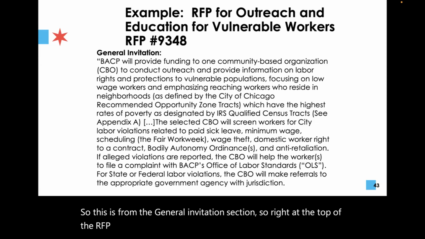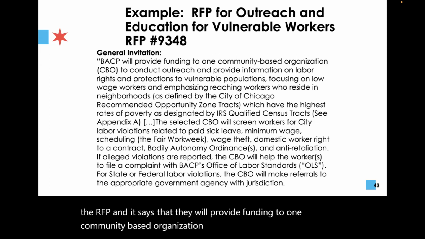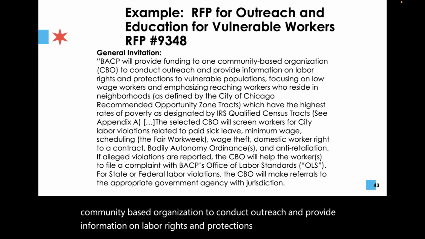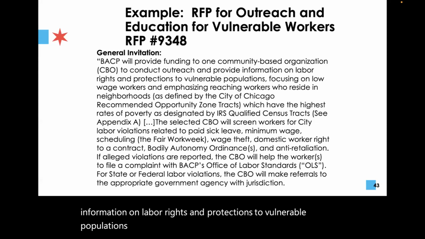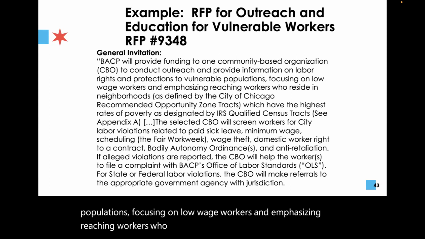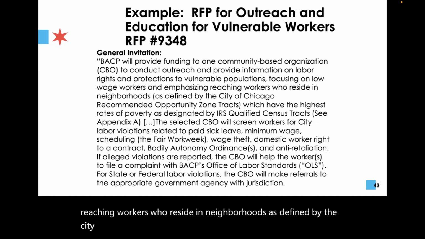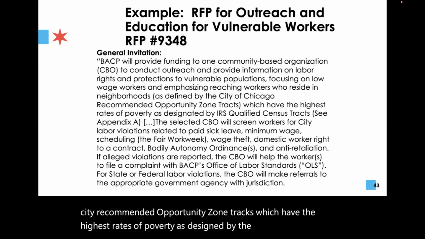And it says that they will provide funding to one community-based organization to conduct outreach and provide information on labor rights and protections to vulnerable populations, focusing on low-wage workers and emphasizing reaching workers who reside in neighborhoods as defined by the city recommended opportunity zone tracts, which have the highest rates of poverty as designated by the IRS qualified census tracts.